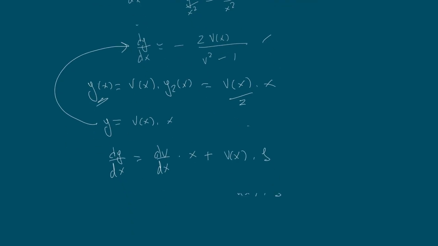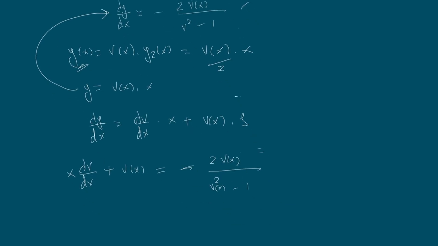So the differential equation that I have is this one: the derivative of v with respect to x multiplied by x, plus v of x, equals minus 2 times v of x divided by v of x squared minus 1. And I need to find v of x in this equation.